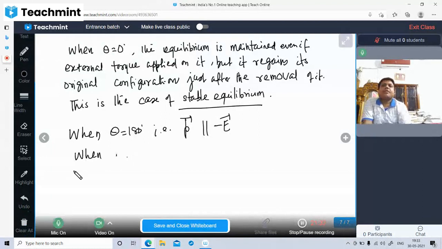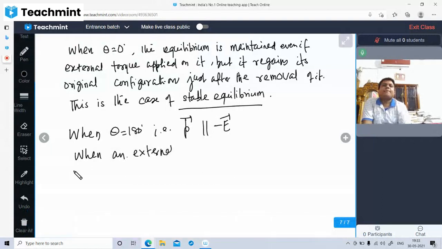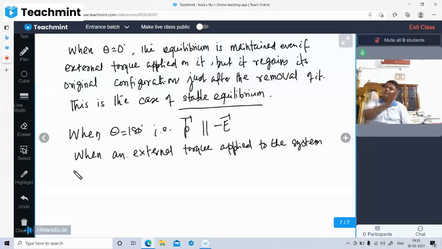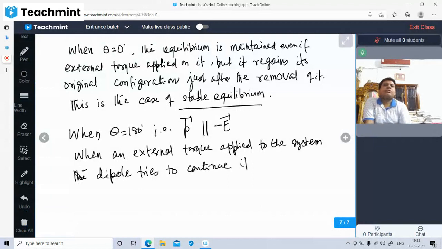When an external torque is applied to the system, the dipole tries to continue its rotation even if the external torque is removed.